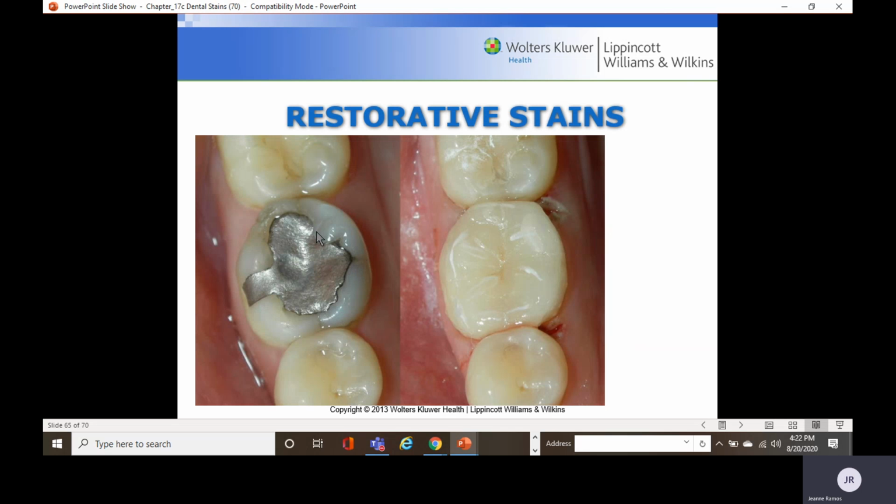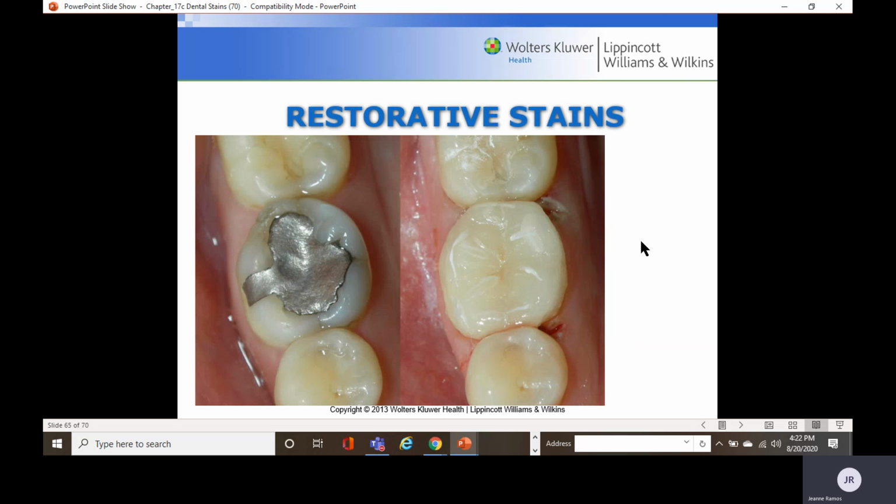And also you get a stain from this amalgam because the amalgam can leach into the tooth and give it a stain. It will look grayer over here and here than it is here.